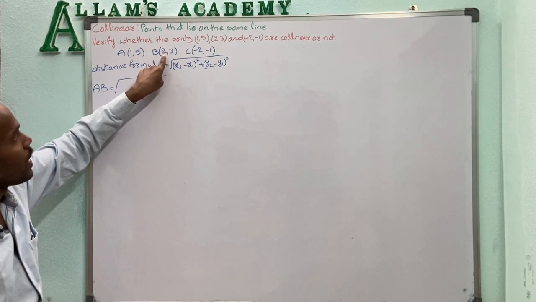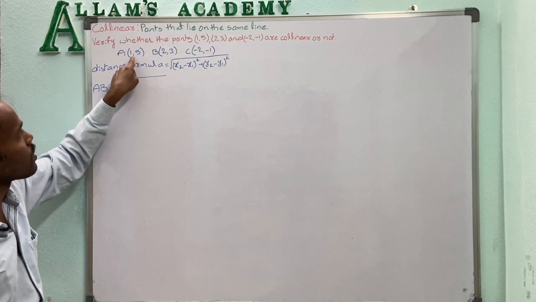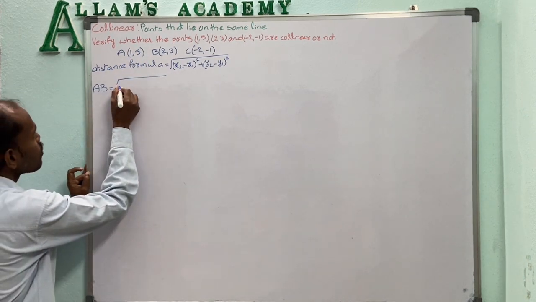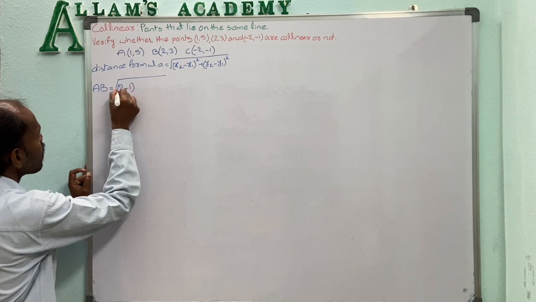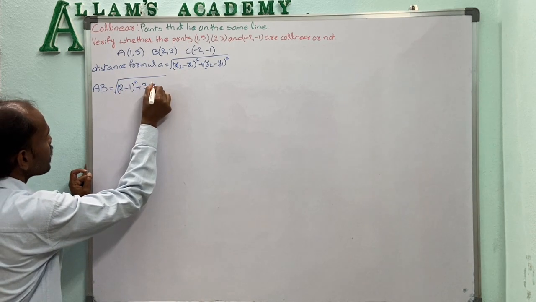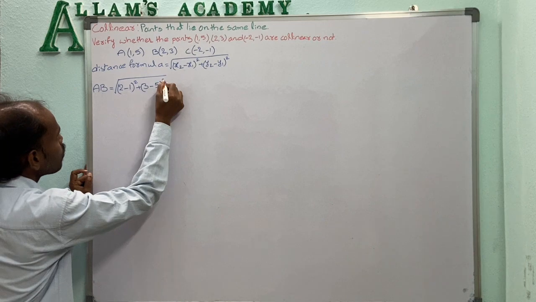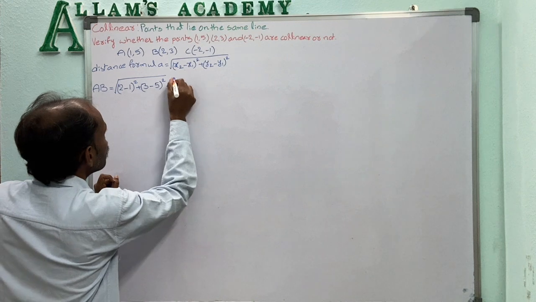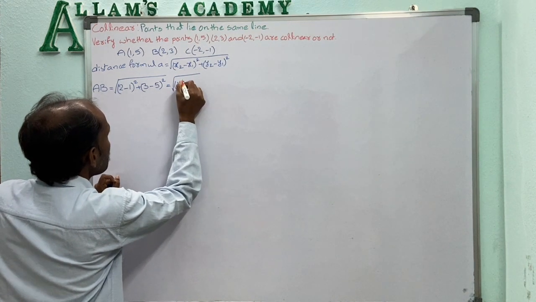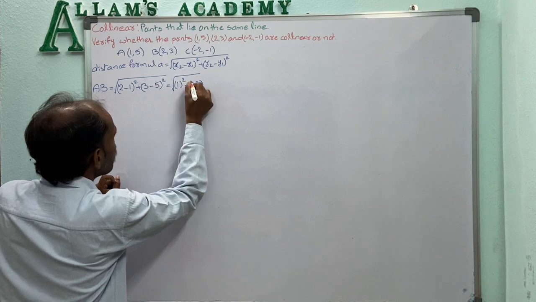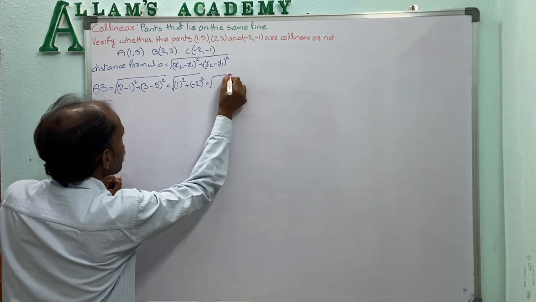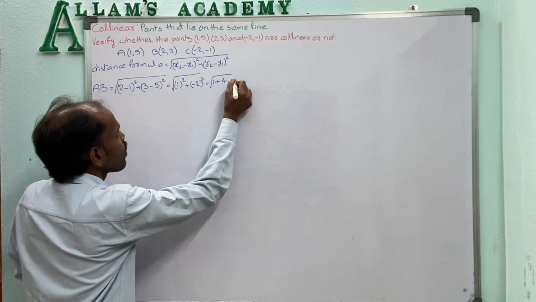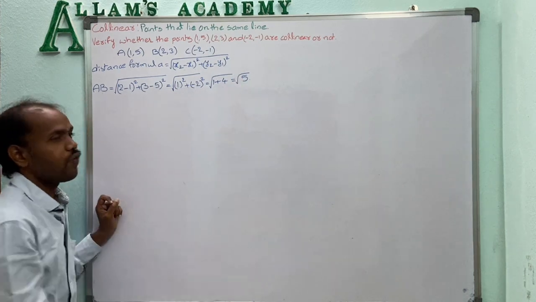So under root 2 minus 1 whole square plus 3 minus 5 whole square. 2 minus 1 is equal to 1, 3 minus 5 equal to -2. So under root 1 square plus -2 whole square. 1 square equal to 1, -2 whole square equal to 4. That is under root 1 plus 4, equal to root 5.